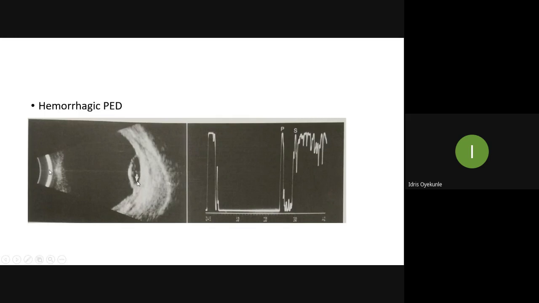Usually you see a very thin, highly reflective spike with low internal reflectivity. One may think this may be a choroidal lesion like a choroidal melanoma, but it has very low internal reflectivity and a very high initial reflectivity that is very narrow. And then you look at the clinical features as well.